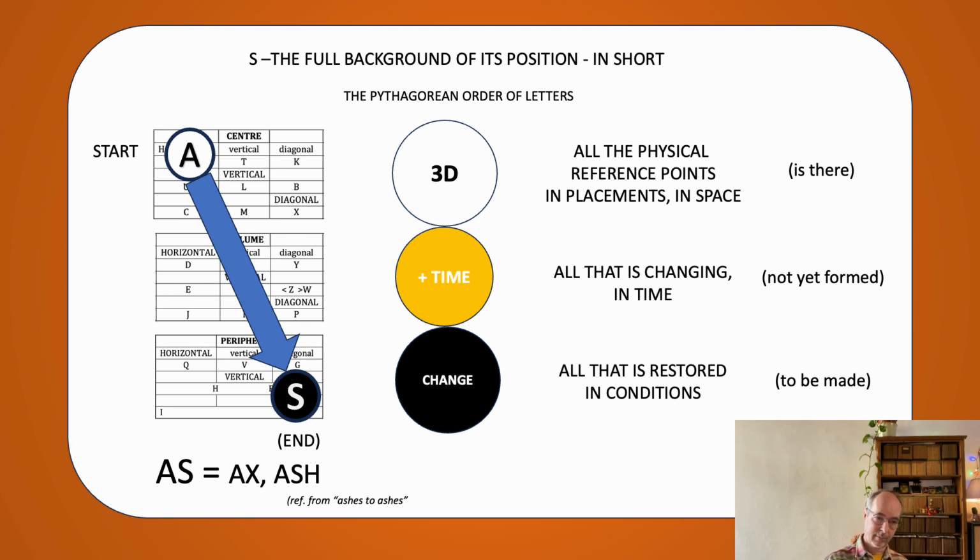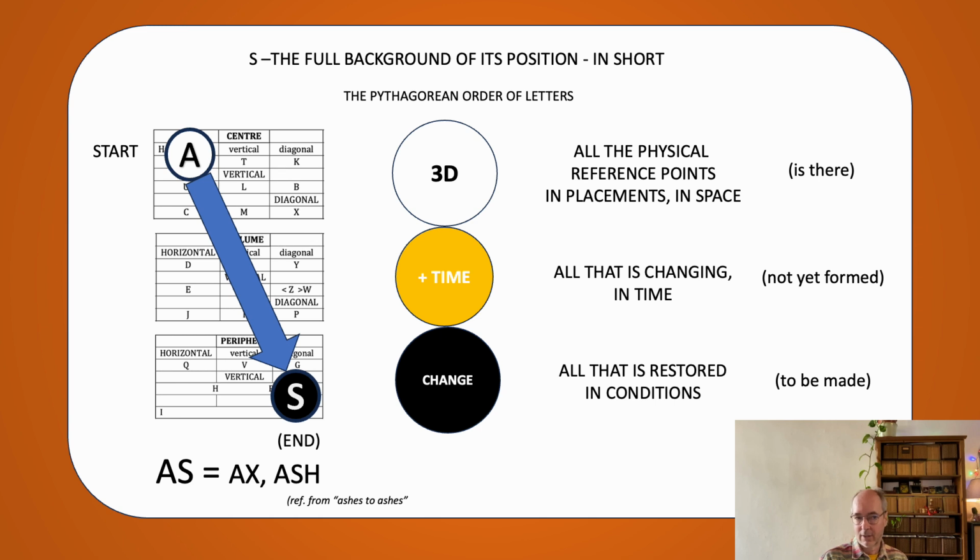So, in other words, the first region is not just the physical reference points, it's also what is already there. The second part or the second region that you have of the more complexity is all what is changing in time. So it is not there yet. It's not formed yet.